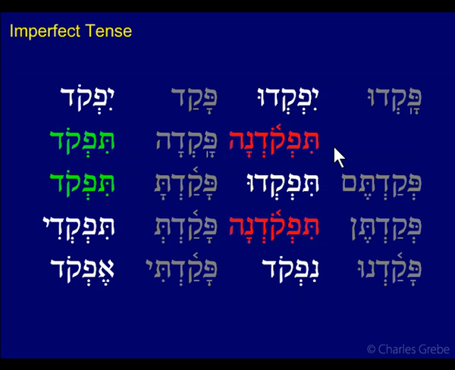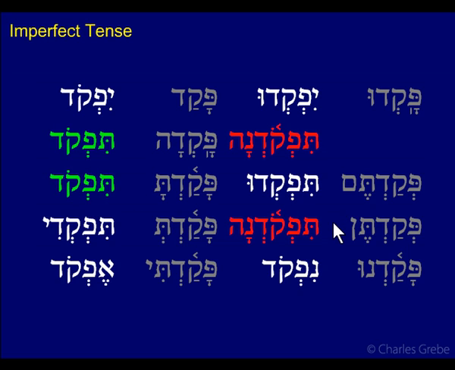Here also we have two pairs, or a pair, that's exactly the same. Tifkodna, tifkodna. This is good for memorizing because you don't have to memorize more forms. You have two less forms to memorize. And here also it's third person and second person. In this case, they're both feminine. Here this is feminine, this is masculine.